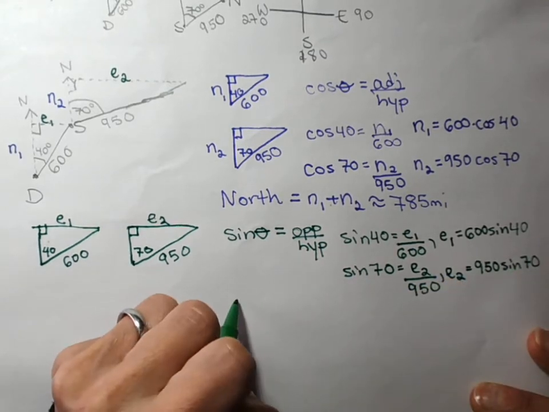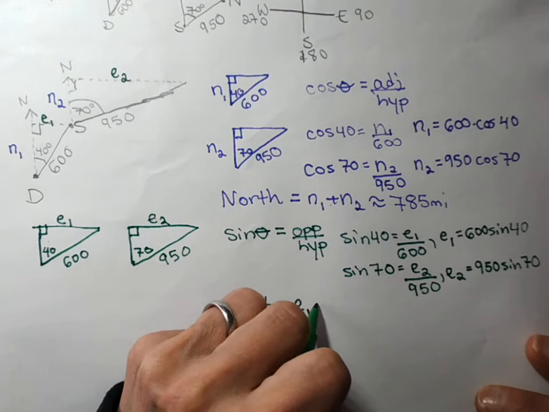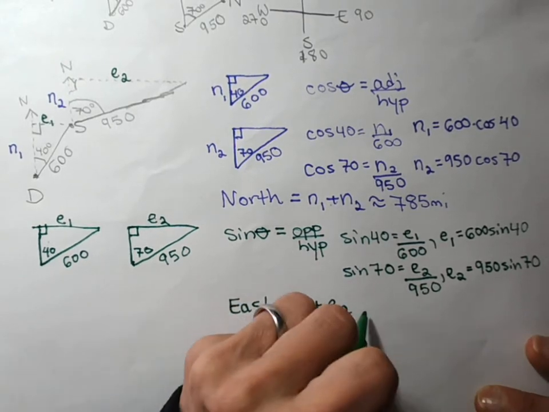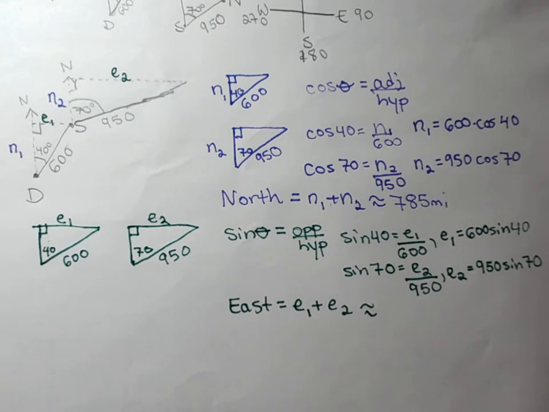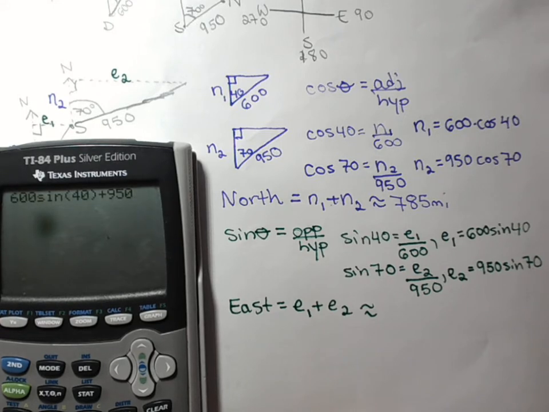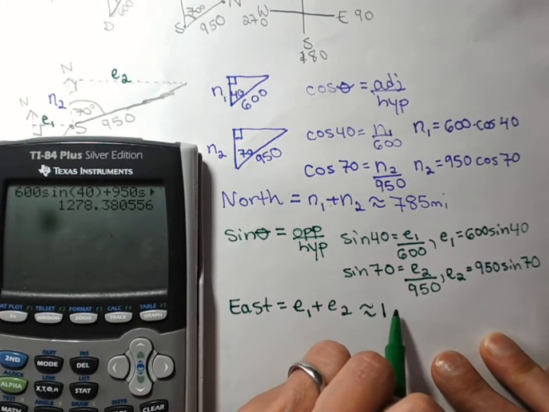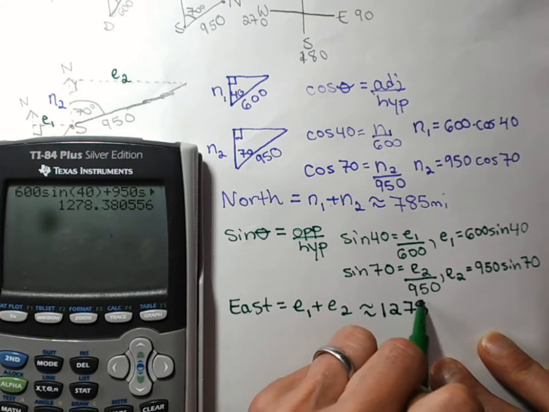And the total east distance is equal to the first distance plus the second, which is about, we have 600 sine 40, close parentheses because I'm doing another operation afterwards, plus 950 sine 70. And that is a bigger distance, and that is 1,278 miles.